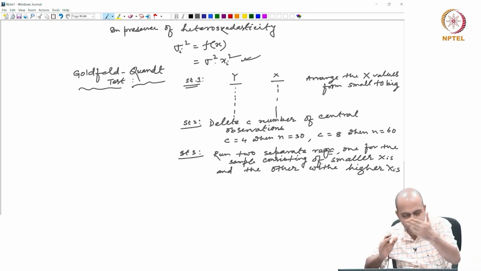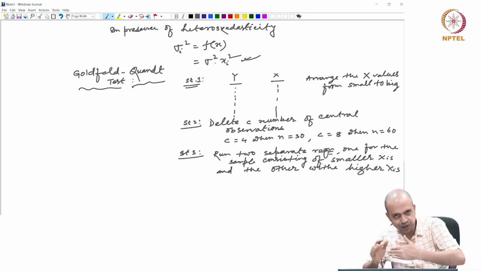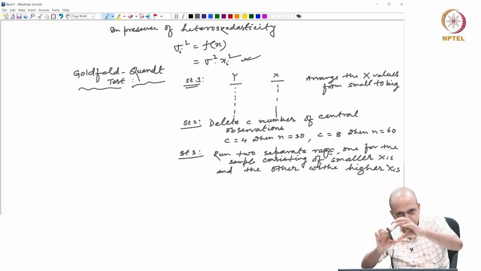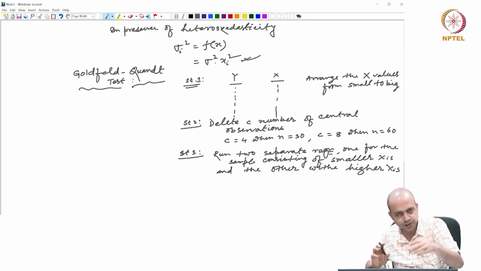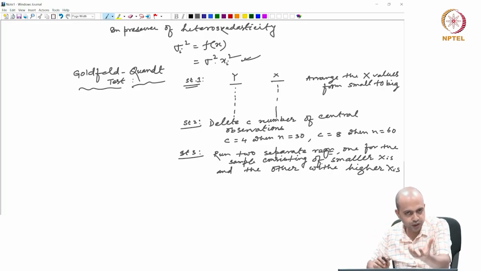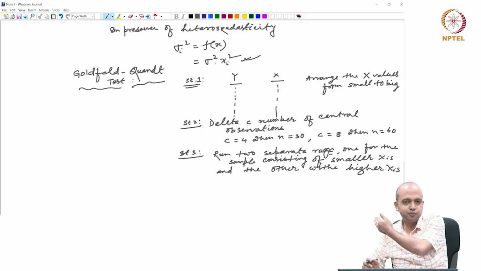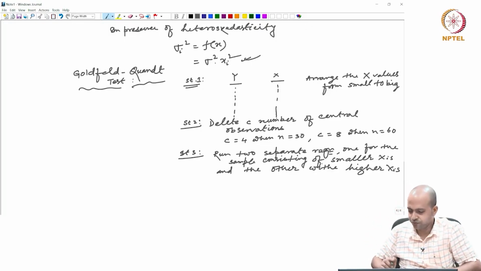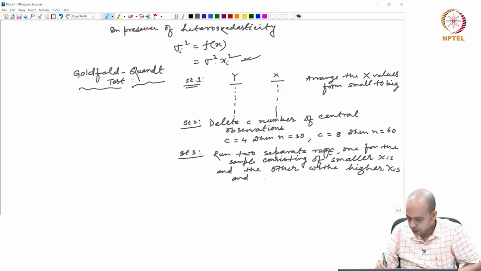So, once you arrange the sample from small to big and then delete C number of central observations, you will get 2 different samples. In one sample you will have small x values and in the other sample higher x values, and collect RSS 1 and RSS 2.